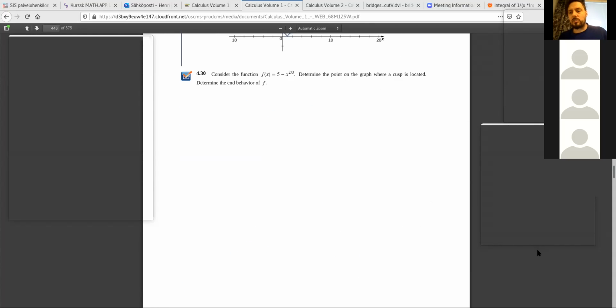Okay, exponential function: if you have a to the power of x, then as x goes to infinity, that goes to 0 if a is smaller than 1. If a is greater than 1, then that goes to infinity. And if it's 1, well, then it's 1.